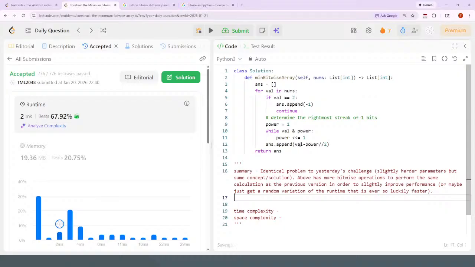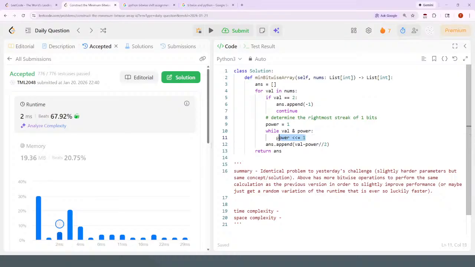Yeah, so the basic idea of trying to determine the rightmost streak of ones and the power associated with that, you can just use bitwise operations to do that. If you think of one as just a binary 1, here you're shifting it each time you're doing the bitwise AND with the value until you see that it's not equal to 0 at that spot.